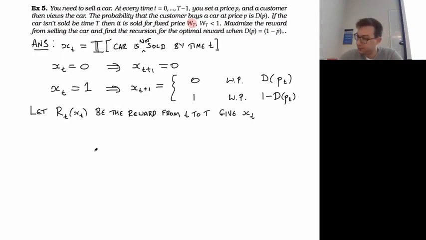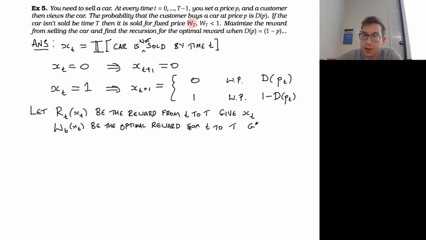All right? We're going to let W_t(x_t) be the optimal reward, again, from t to capital T, given x_t. Okay?